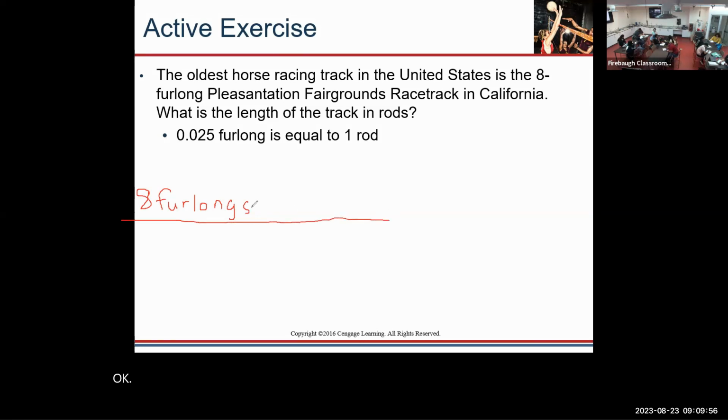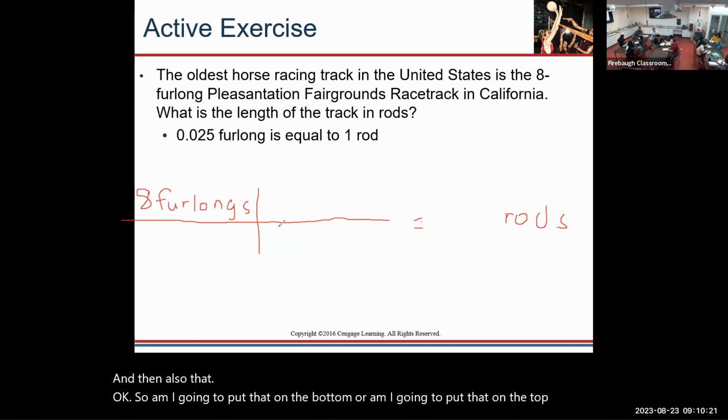So then what am I going to do next? I want to get to rods. Okay, so am I going to put that on the bottom or am I going to put that on the top? Okay, I'm going to put it on the bottom.